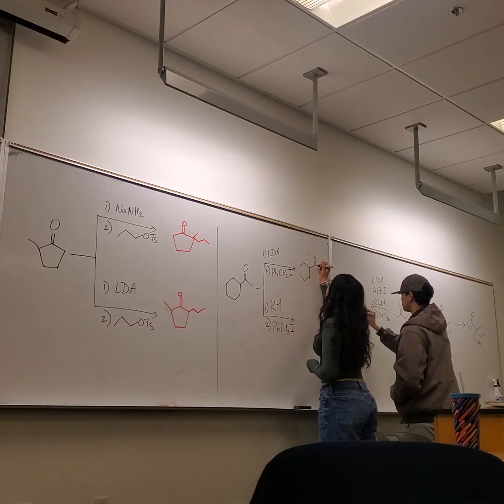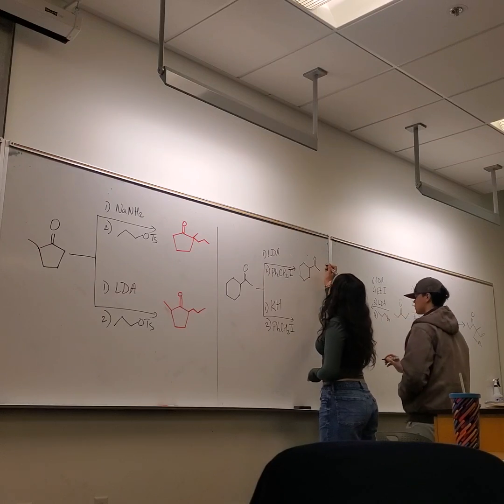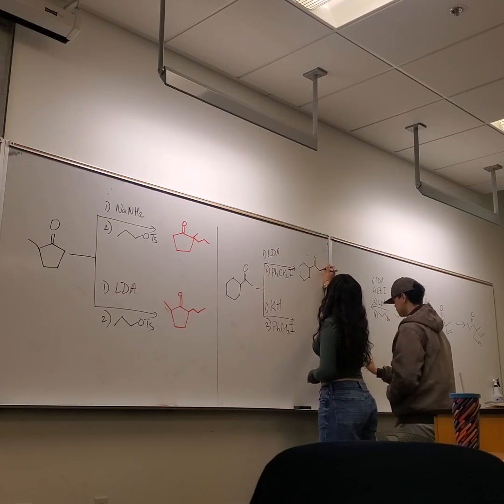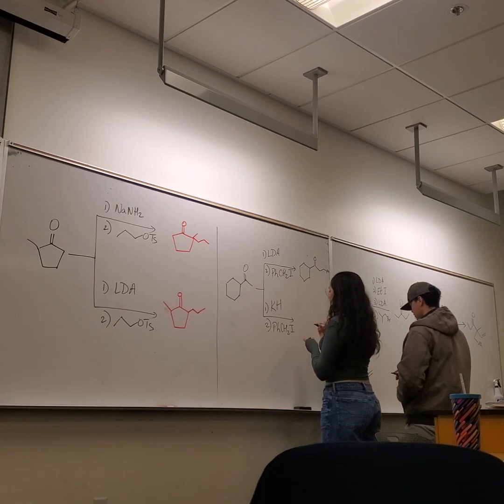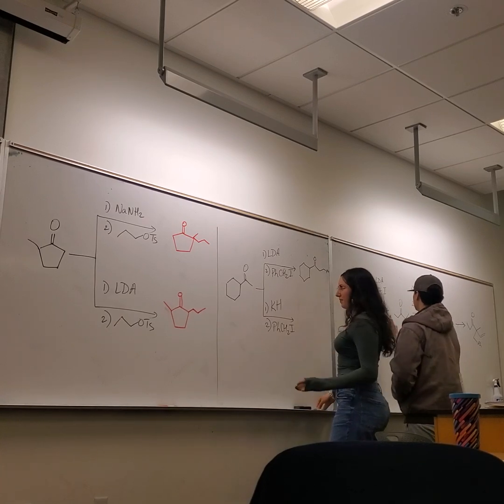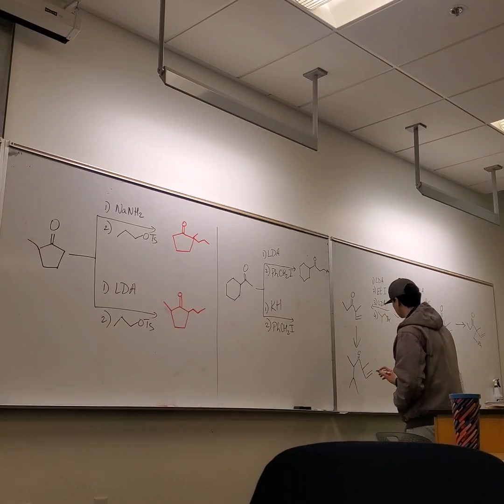Is this making sense, everybody? The size of the base will decide which enolate is produced, thermodynamic, which is the more stable one, or the kinetic one, which is the more open one. And depending on the enolate, that decides where the electrophile would go.